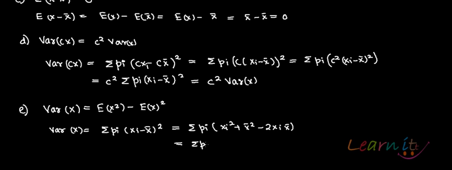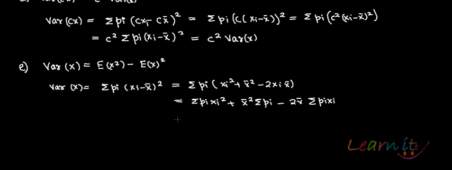So you can write it as summation of pi xi square plus x bar square summation of pi, x bar being constant, it will come out, minus 2 x bar, again x bar and 2 are constant, it will come out of the summation sign, and this will be pi xi. Okay, so this would be what?